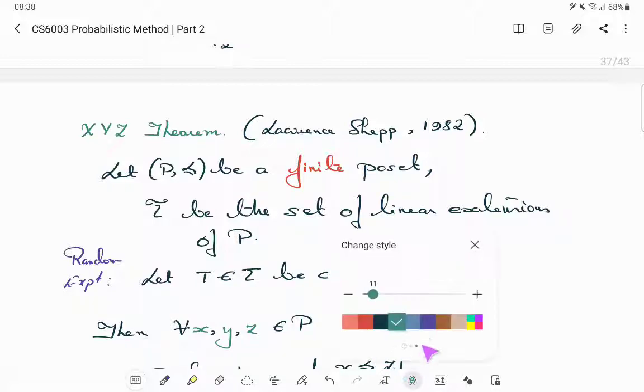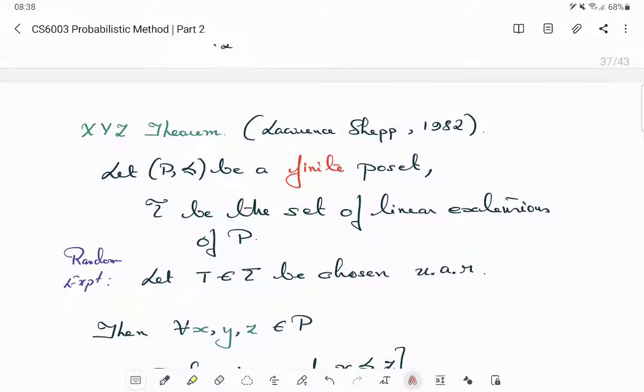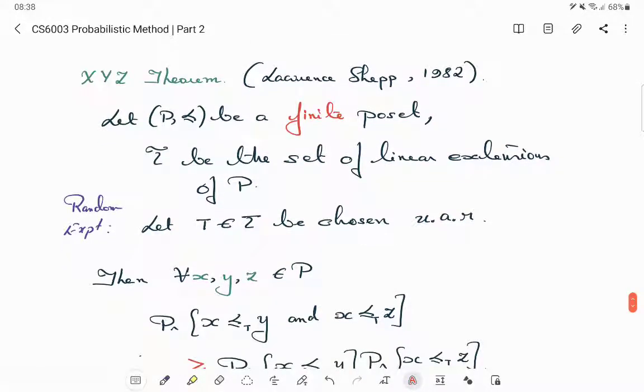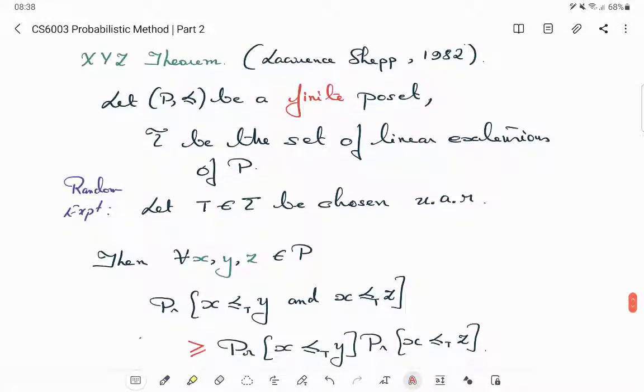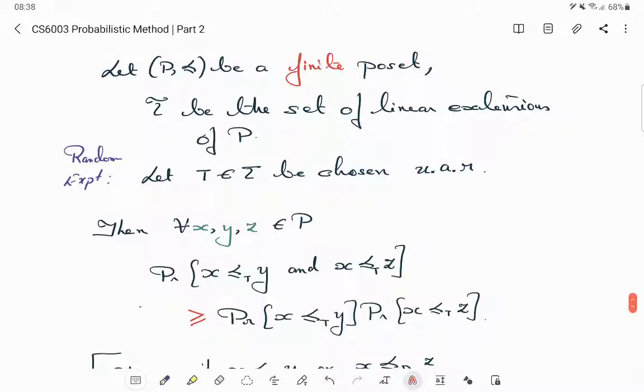You pick any three elements X, Y, and Z from P, and the XYZ theorem tells you that the joint probability of the total order putting X before Y and X before Z, that is, the joint probability that X precedes both Y and Z, is lower bounded by the product of the probabilities of these individual events. You should think of this as probability of E1 intersection E2 greater than or equal to P of E1 times P of E2.